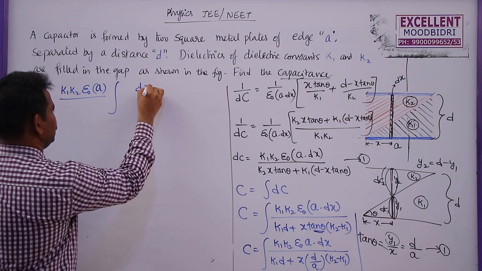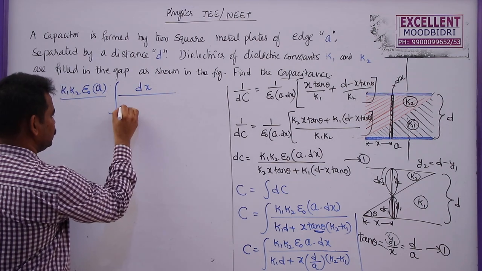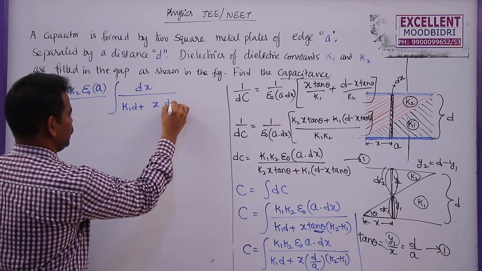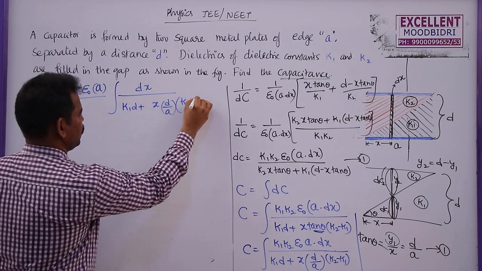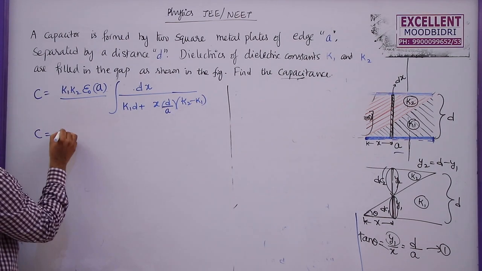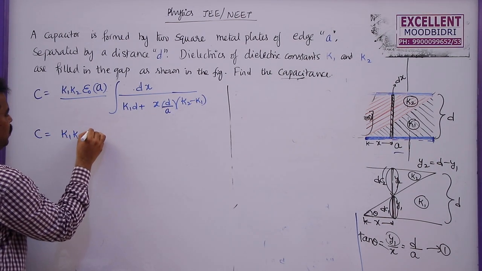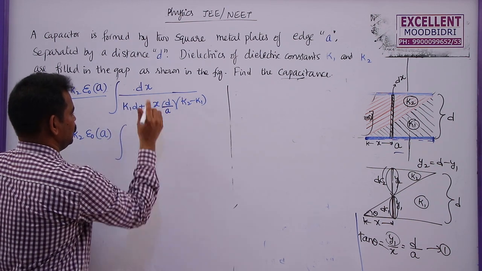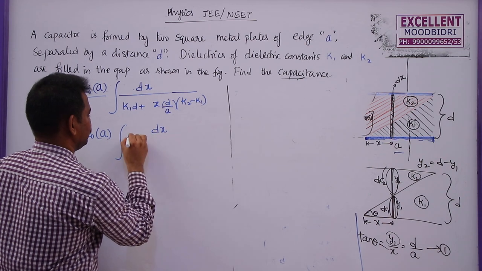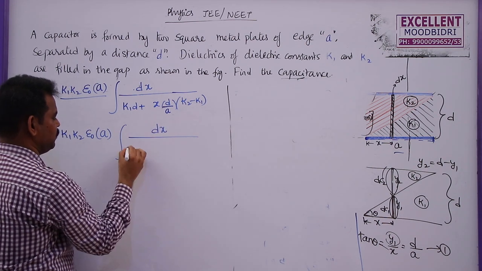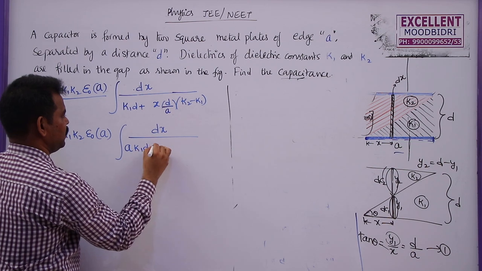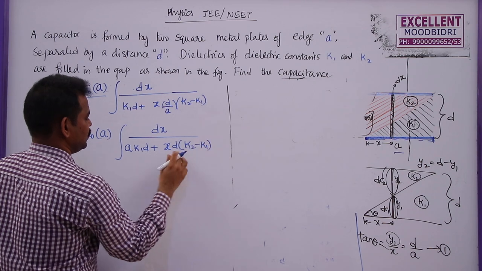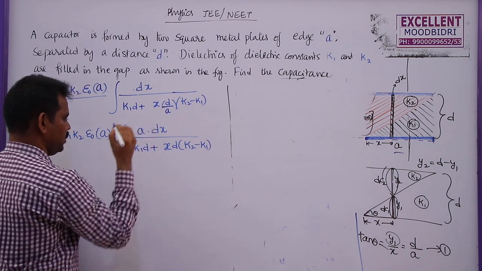This can be written as dx by, this will be K1d plus xd by A, K2 minus K1. C is equal to K1 K2 epsilon naught into A integral, this is dx by, take LCM, this will become A K1d plus xd into K2 minus K1 by A. So I can write A here.